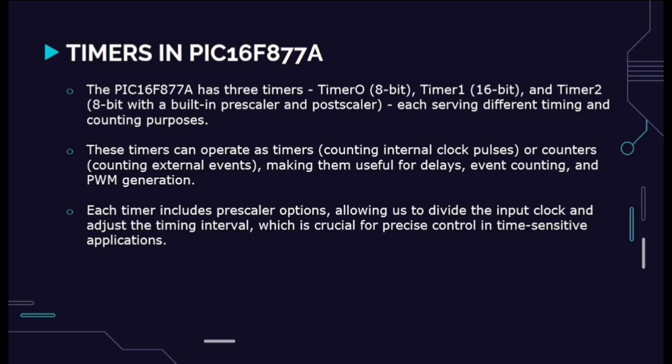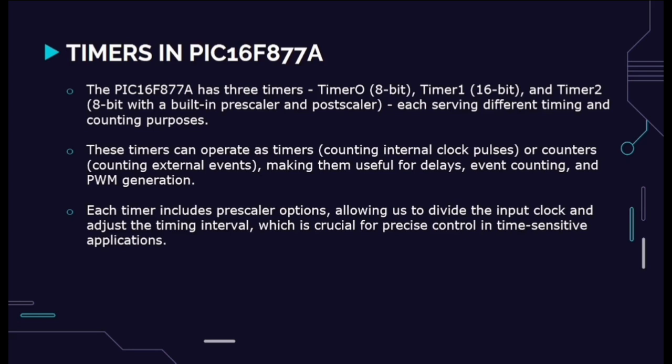Timers in PIC16F877A. The PIC16F877A has three timers: Timer 0, which is 8-bit, Timer 1, which is 16-bit, and Timer 2, which is 8-bit with a built-in prescaler and postscaler, each serving different timing and counting purposes.